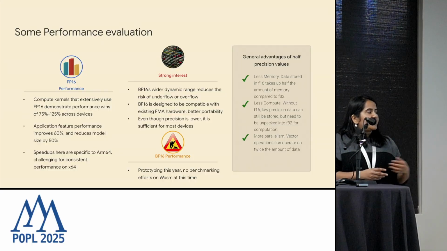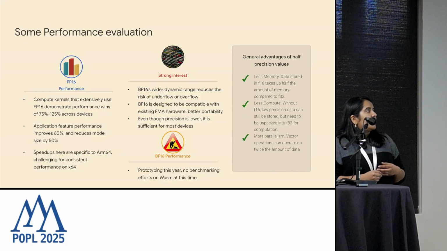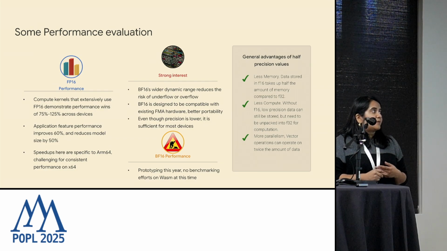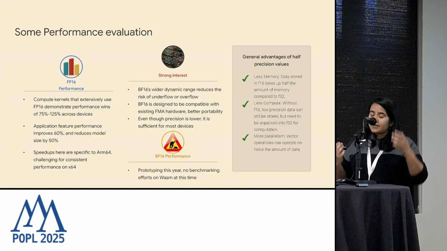We don't have prototype numbers for BF16 because we don't have a full prototype yet, but we do have really strong interest. BF16's wider dynamic range reduces the risk of underflow and overflow that FP16 can sometimes have. BF16 is designed to be compatible with existing FMA hardware, and that has better portability.